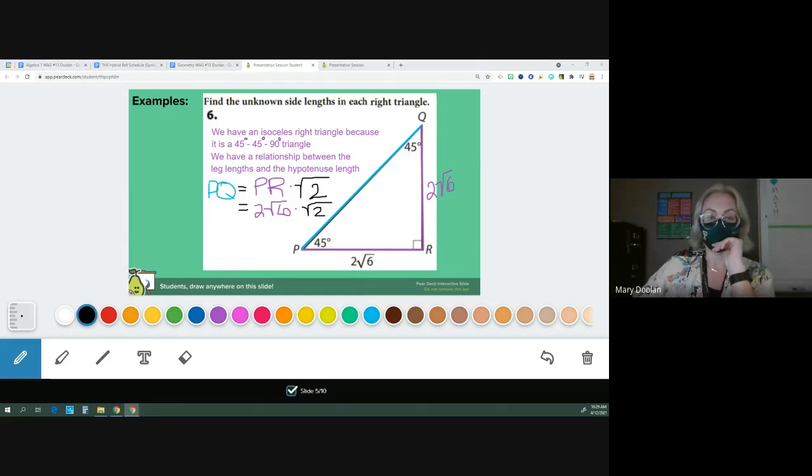And now we just need to work with our 2 square roots and simplify it. So in the chat says 2 angles are equal. That means the triangle is isosceles. For an isosceles right triangle, if you have a right angle and then these are both 45, as an isosceles right triangle.